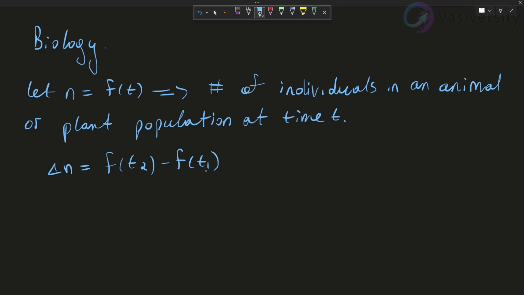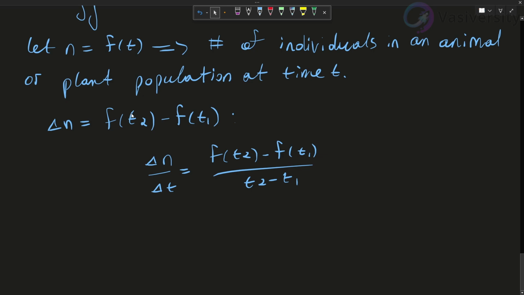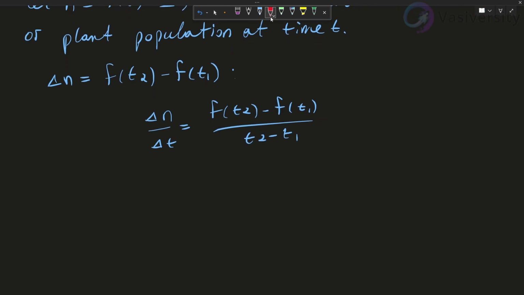And so the average rate would be delta N over delta t, which is equal to f of t2 minus f of t1 all over t2 minus t1. This is the average rate.